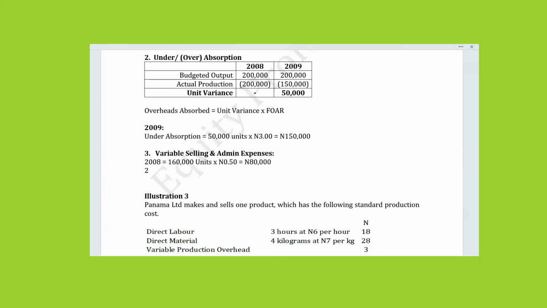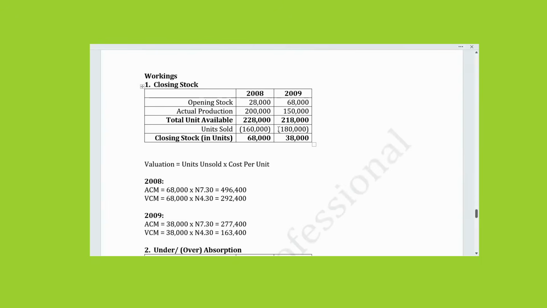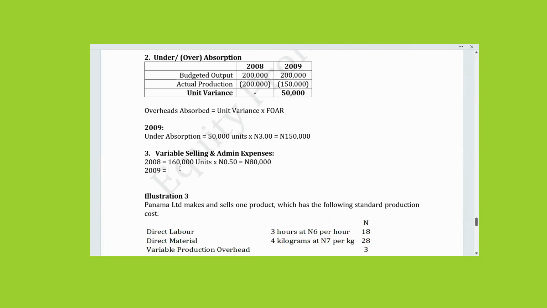Then in 2009, how many units were sold? 180,000 units were sold. 180,000 units, then multiply by 50 kobo, 0.5. This will give us 90,000 naira. That's it. It's no more than this.